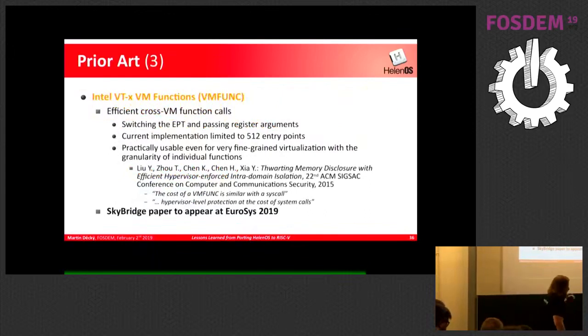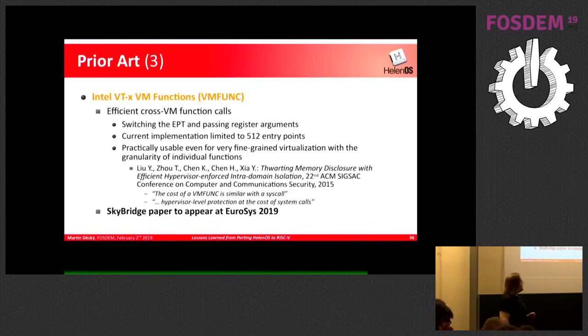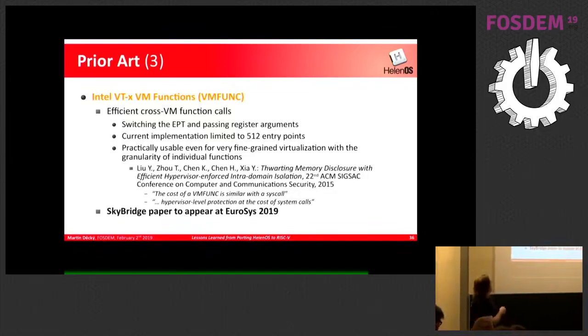About the cross address space calls, again, there is prior art that has actually been available in most of the x86 chips that we have, which is called VM functions, which is basically the very same idea.